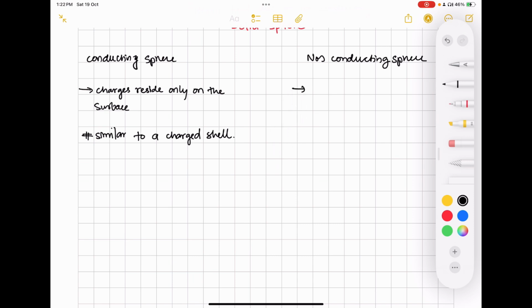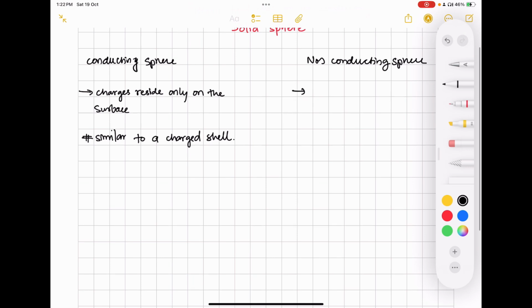For a non-conducting sphere, if we place a charge at an inside point, it will stay at that point. That is, for a non-conducting sphere, charges can be anywhere within the volume.